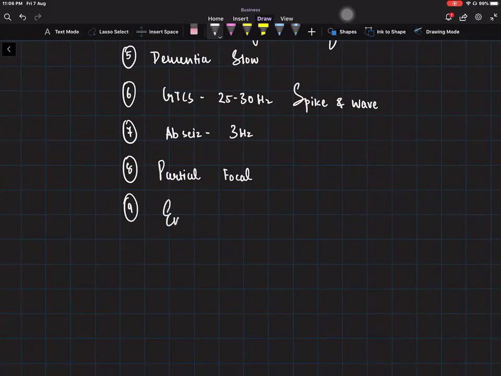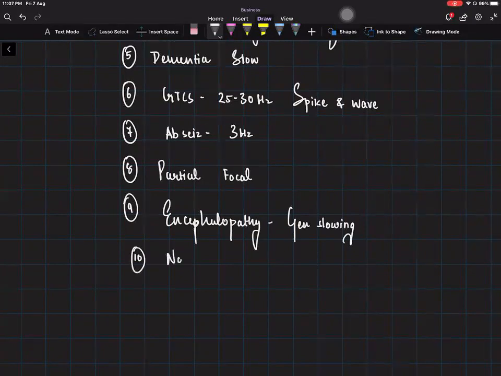In encephalopathy, you would have a generalized slowing again. And in normal aging also, you would have a slowing. All right.